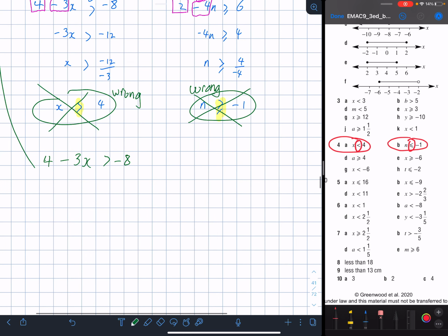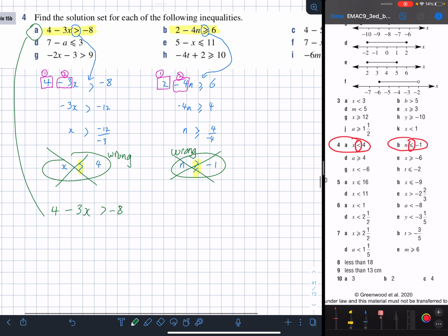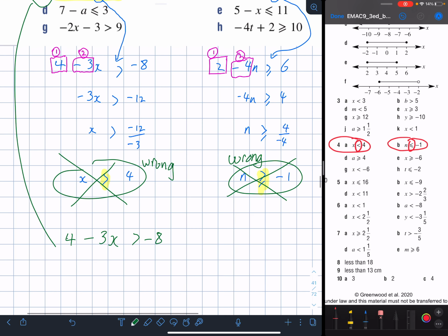Okay, so as before, when we did our equation, let's put the equals back in there. What we need to do first is the same first step. We need to remove the 4 from the left-hand side of the inequality.